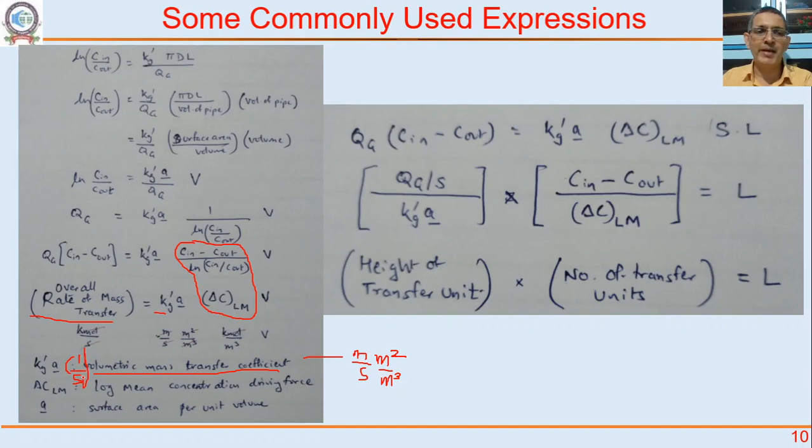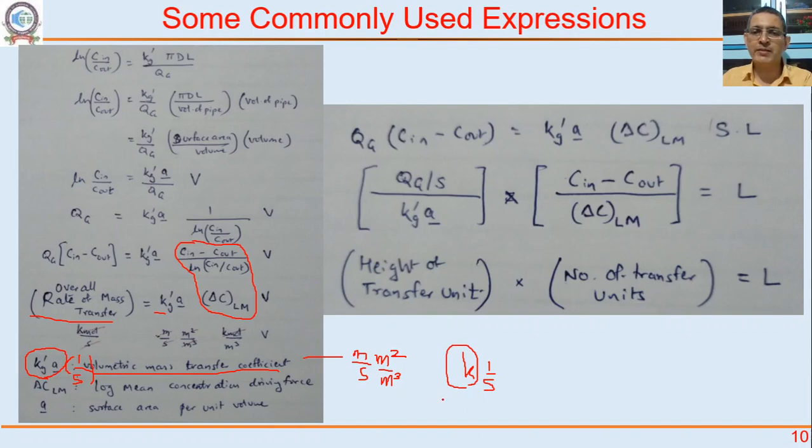And if you're comparing reactions, how did we write reactions? Rate of reaction, the rate constant K, we had written in terms of 1 per second. So we can now compare the rate constant versus this volumetric mass transfer coefficient.